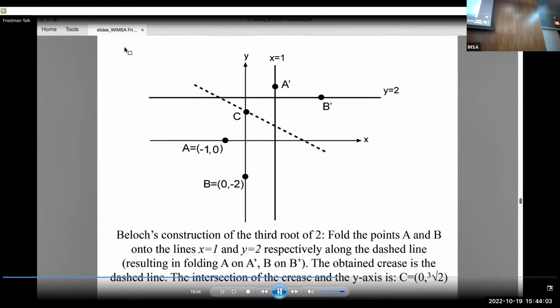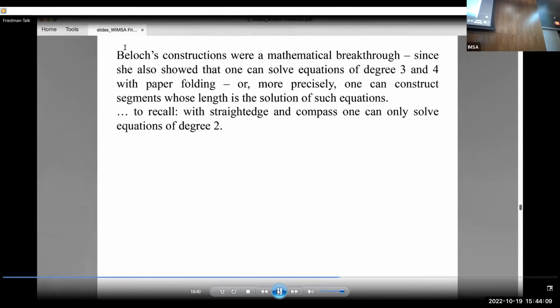Now, needless to say, Beloch's 1934 constructions were a mathematical breakthrough, since she also showed that one can solve equations of degree 3 and 4 with paper folding, or more precisely, one can construct segments whose length is the solution of such equations. Recall, with straightedge and compass, one can only solve equations of degree 2, hence the importance of Beloch's results.